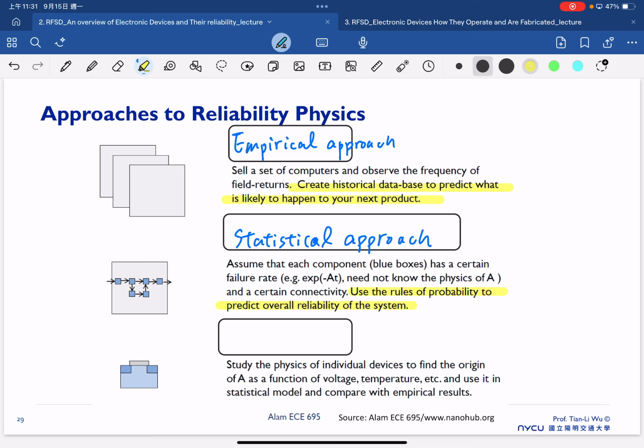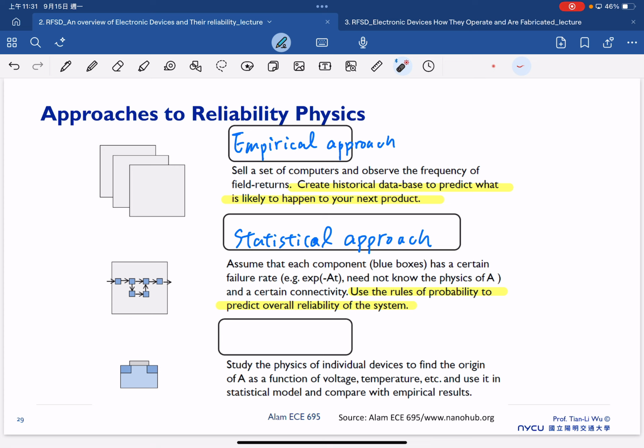So basically, we try to use statistics with a certain probability rule to predict the overall reliability of the system. So we know the failure rate for each one, but we don't know the physics of A, but we know how each component, how they connect with each other. So in this case, we can apply the probability rule to predict the overall reliability of the system, even if we don't know the physics.